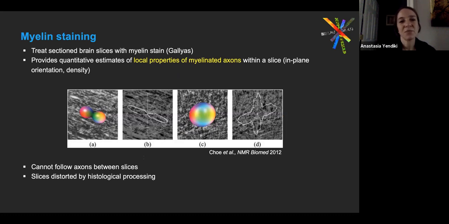It gives us this information typically in plane. And because of histological distortions and nonlinear distortions slice to slice, it's very hard to follow axons. Not impossible, but hard to follow axons, axon by axon, from one slice to the next. It's a very difficult nonlinear registration problem.